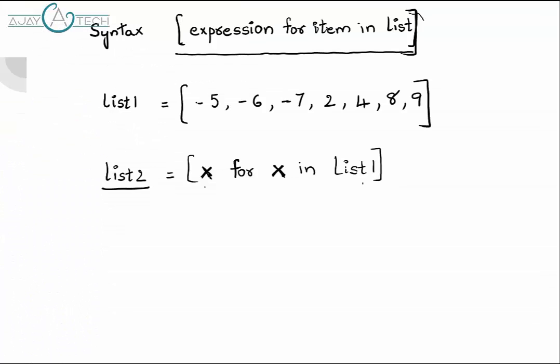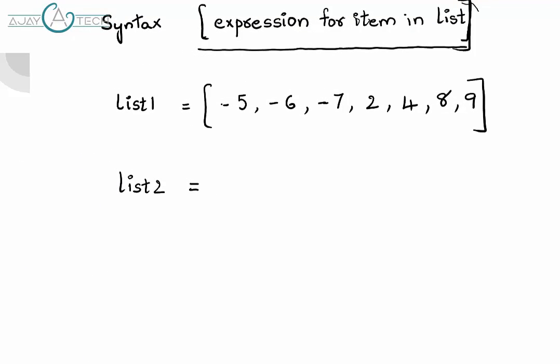Now consider another example. We want to create a list 2 where the elements in list 2 are a square of the elements in list 1. So let's put the expression in square brackets, and let's begin with the variable representing the elements in the input sequence, for x in list 1, and we want the elements in list 2 to be squared, so x to the power of 2.